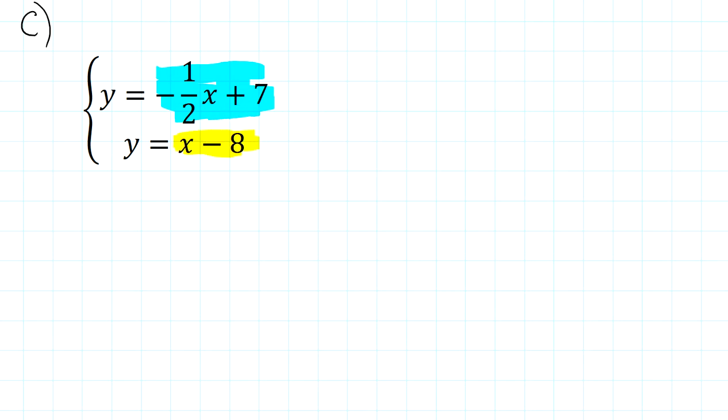So this is a perfect candidate for the equal values method because I know that y is the same as y. And what I do is I'm just setting these two equal things, right? I'm setting y in the first case equal to y in the second case. So if I rewrite this, it becomes negative 1/2 x plus 7, and that equals x minus 8, right?